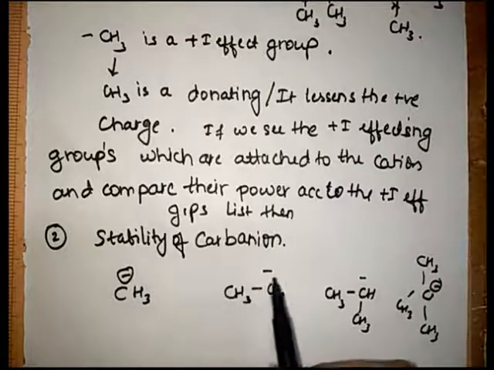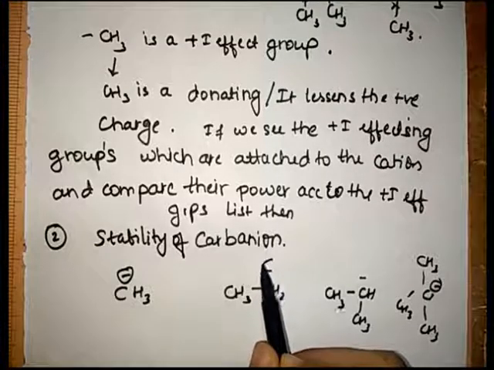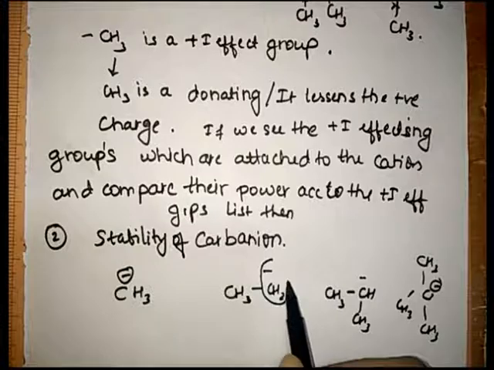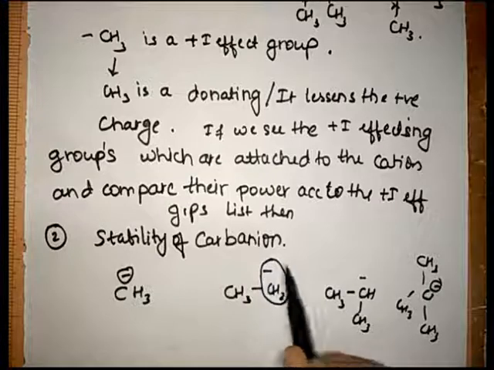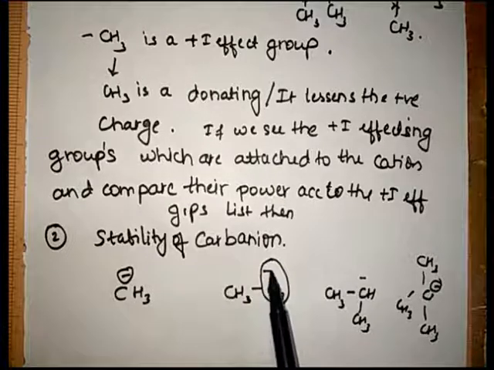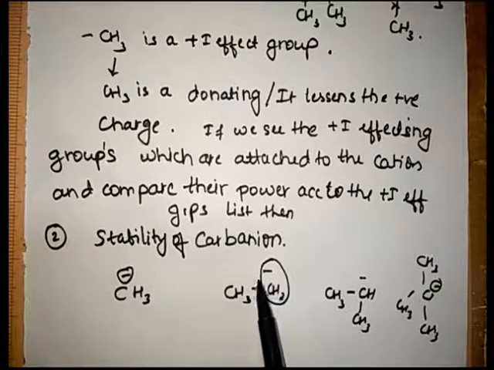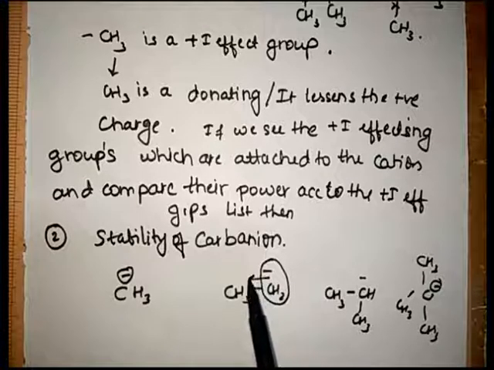Now we know that if this structure is a carbanion, it will be stabilized if electrons are withdrawn from it.